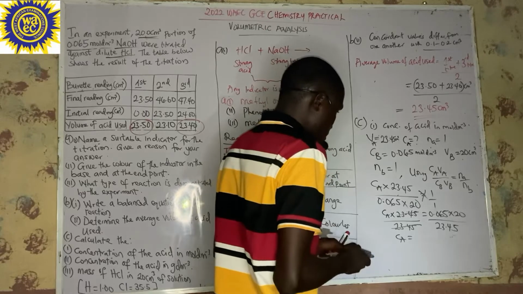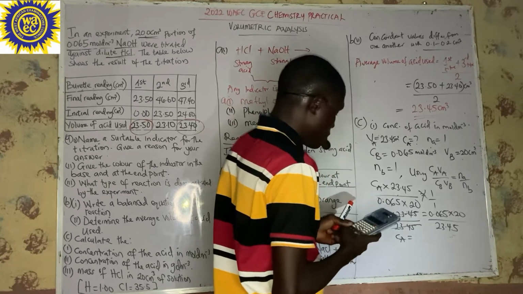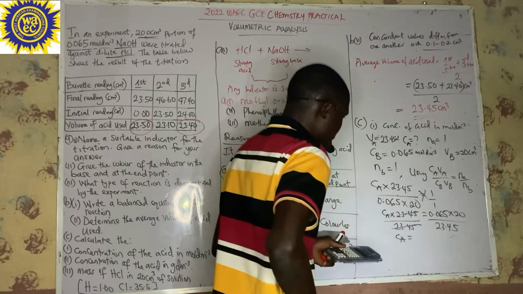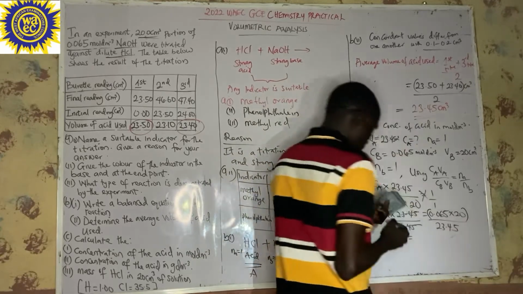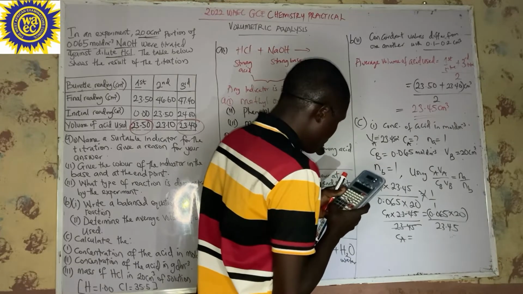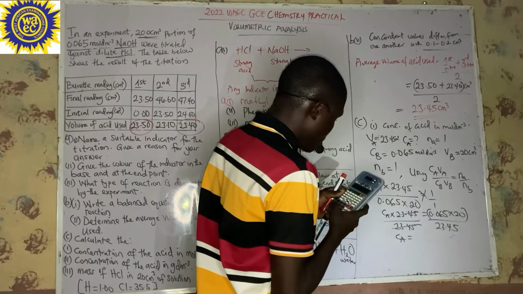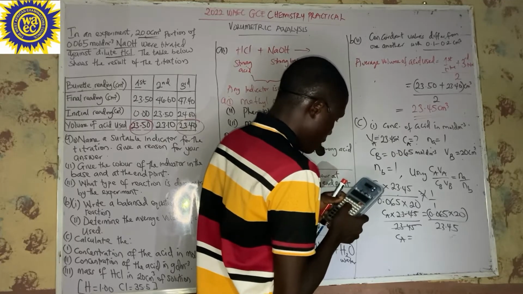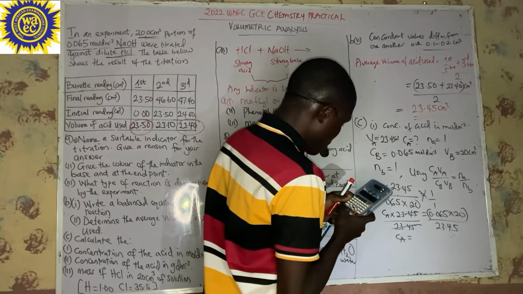So now let's press the calculator here. You open the bracket here, 0.065 multiplied by 20, bracket close, divided by 23.45.